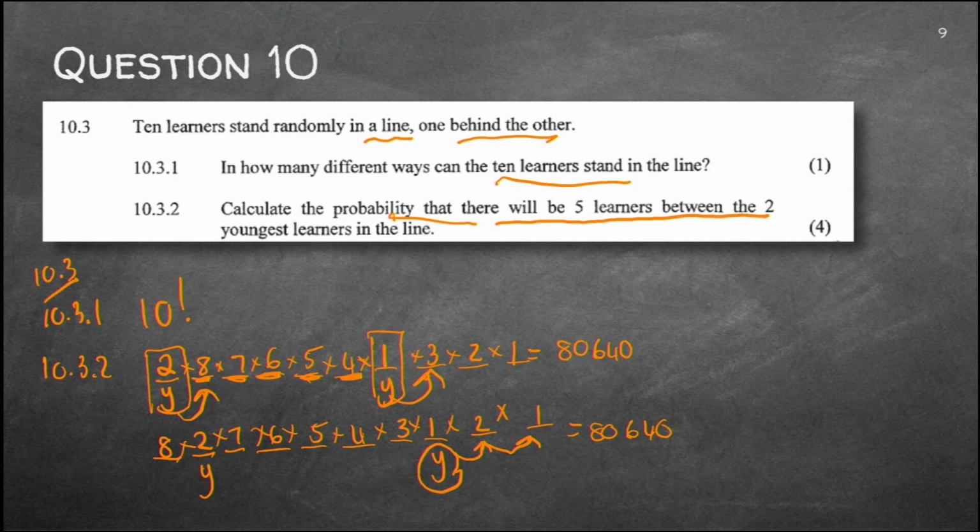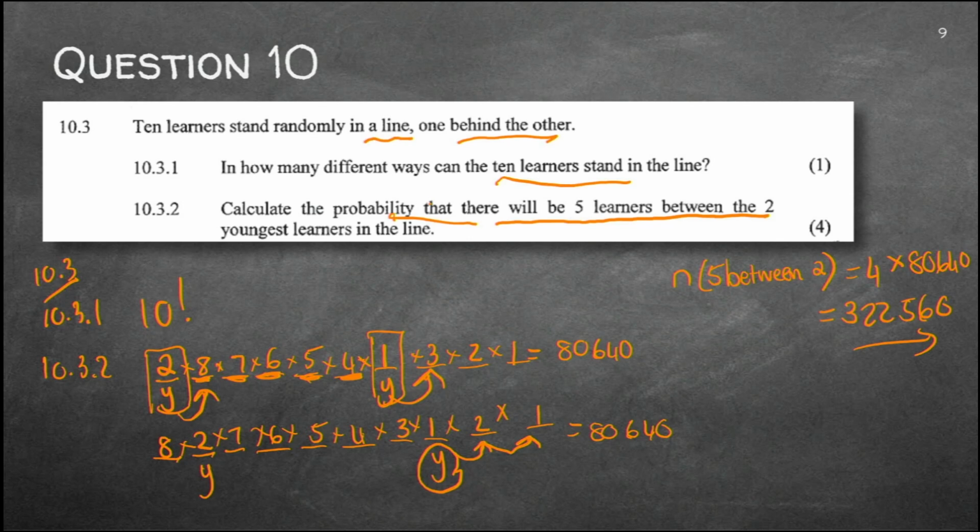So the total amount, if you look at it like this, the total number of outcomes for 5 between the 2 would be 4 times the 80,640, which would give you a total of 322,560. But remember, these are the total outcomes.